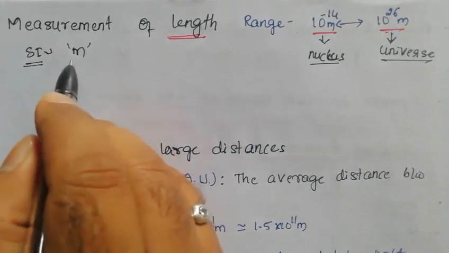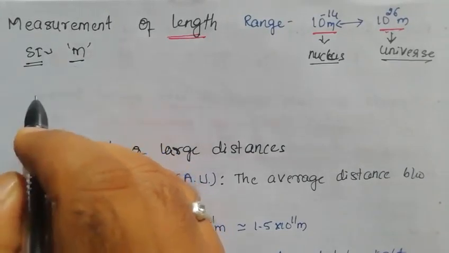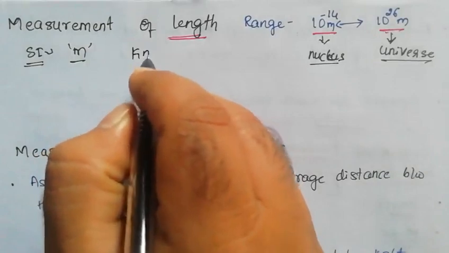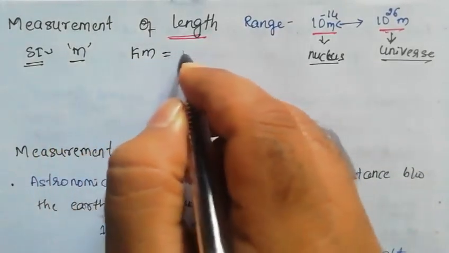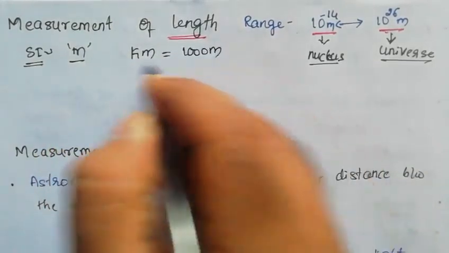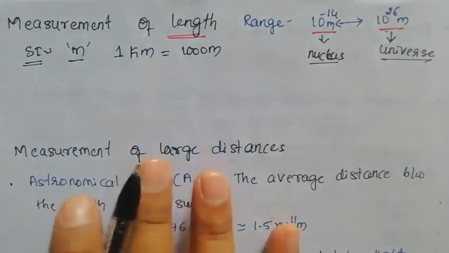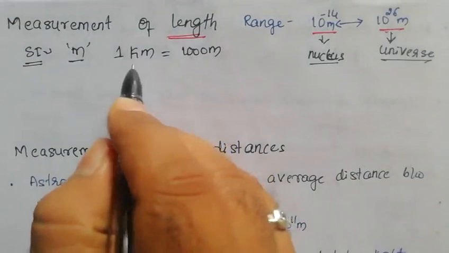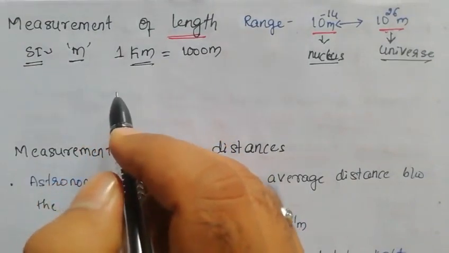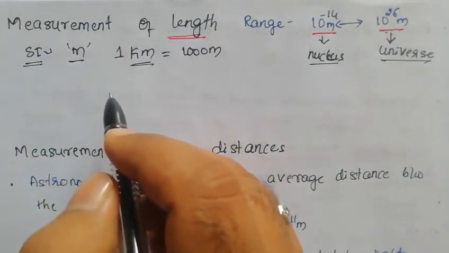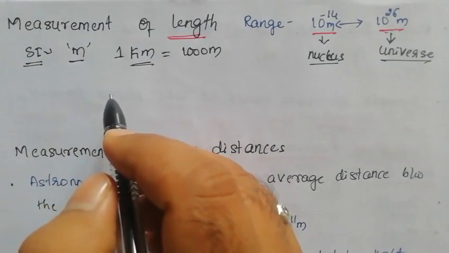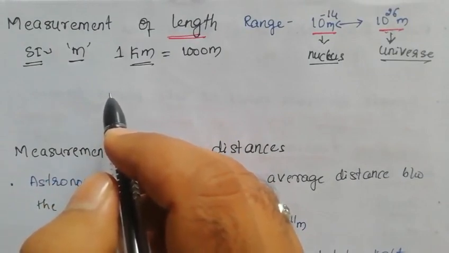So the unit is meter. Sometimes we use kilometer. As we know, 1 kilometer equals 1000 meter. In measuring distances from one city to another, or from one place to another, we use kilometer.